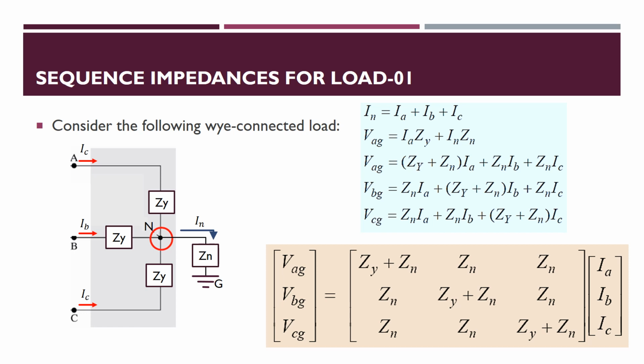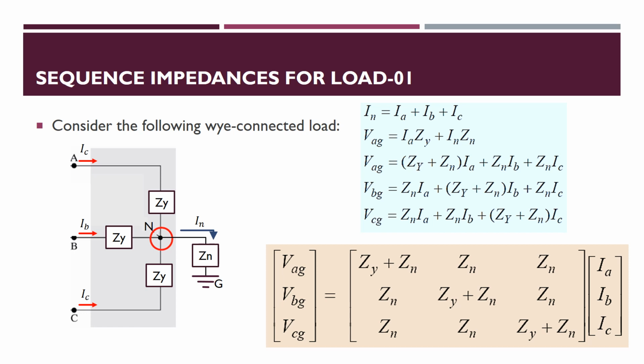If it is so, you can write Ia, Ib, Ic, and you have the equation VAG, VBG, VCG as in the slide. VAG, VBG, VCG can be given in vector form, and the impedance can be given in a matrix form as here.